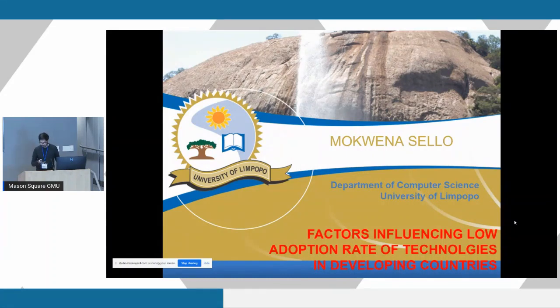He serves widely as a mentor, supervising more than 20 masters and 3 doctoral students, serving as a mentee in article writing at the African AI Deep Learning Indaba, and offering courses on writing broadly to other universities. So we're very fortunate to have him here. And today he'll talk to us about factors influencing low adoption rates of technologies in developing countries.